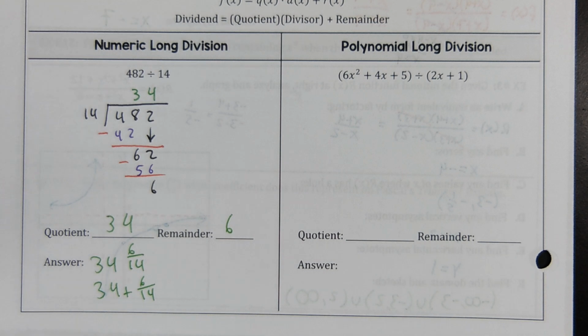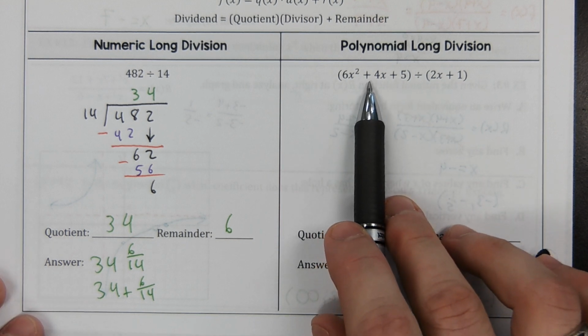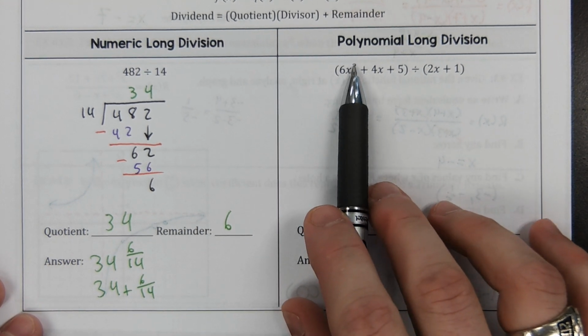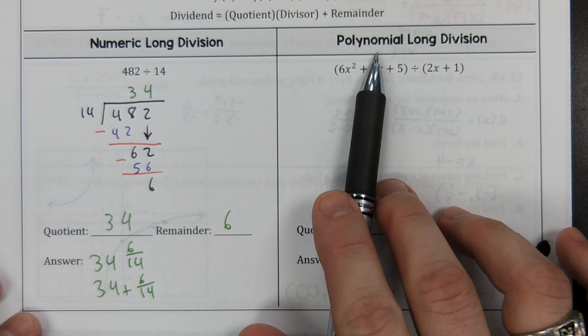Now, I will tell you, when you're doing your homework, I have given you a polynomial long division question that is missing terms. This is not missing terms. What do I mean by that? It counts down x to the 2, x to the 1, x to the none. But let's just say it was missing this x term.